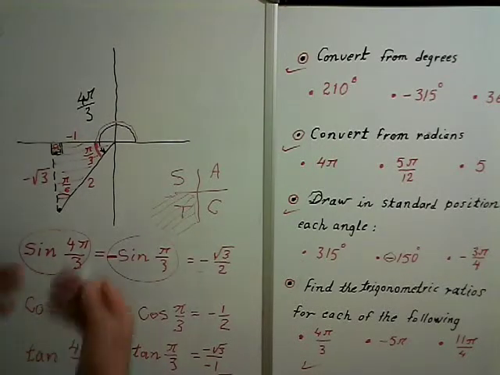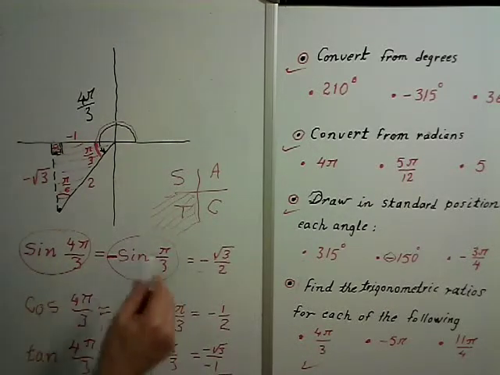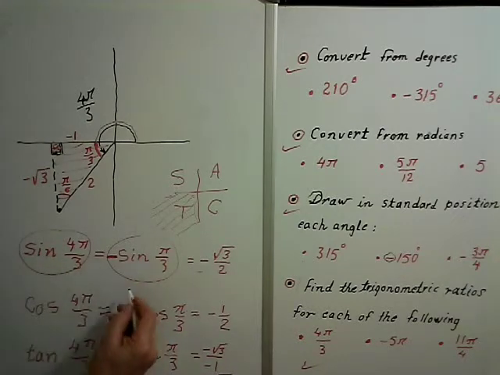Now the inverses of these values. The inverse for sine is cosec, in abbreviation CSC.